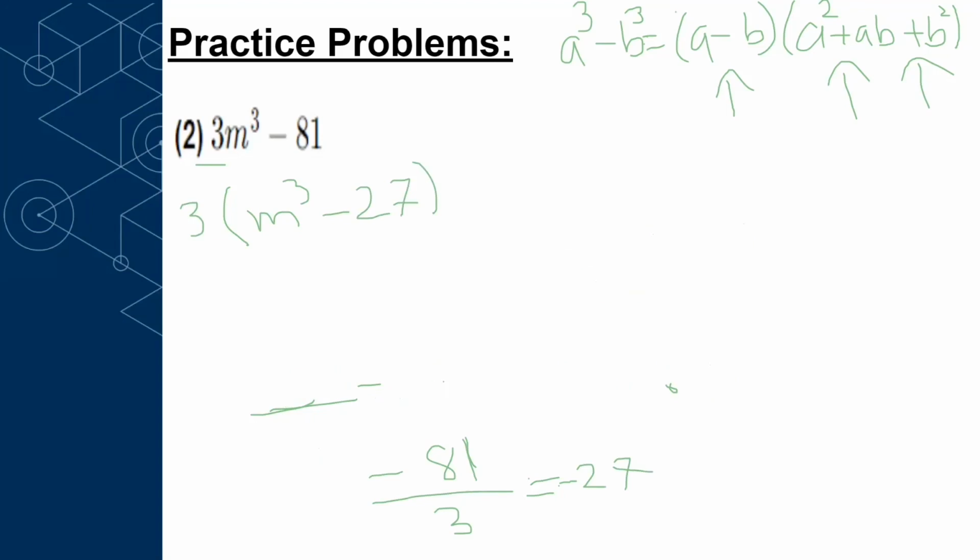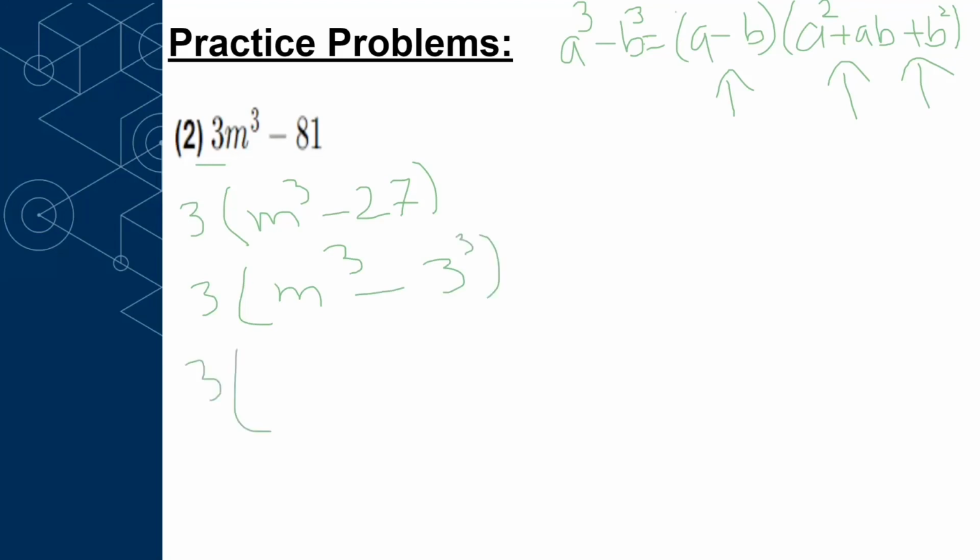So if you have this, now I can think of a number that if I multiply 3 times will give me 27. Right, now it looks more like a difference of a perfect cube. So what is that number that if I multiply 3 times will give me 27? It was 3. We did this in the previous problem. And now I just apply the formula. Notice my A is my M, and my B is just the 3.